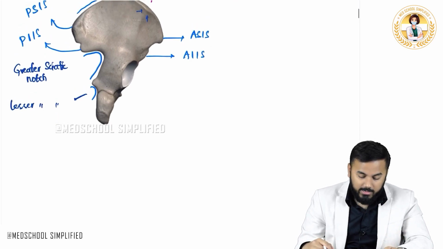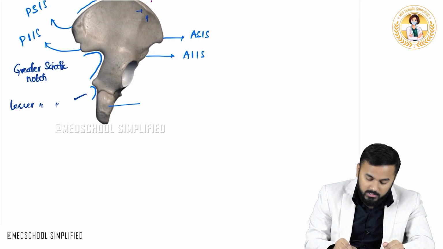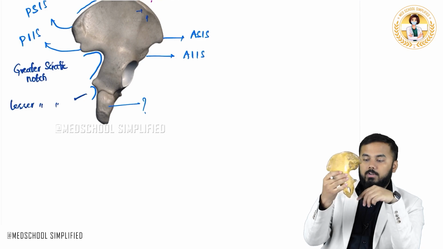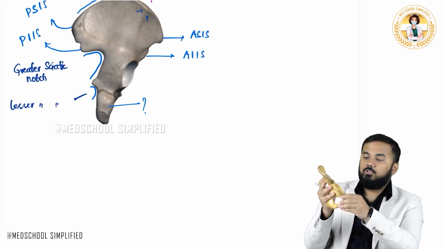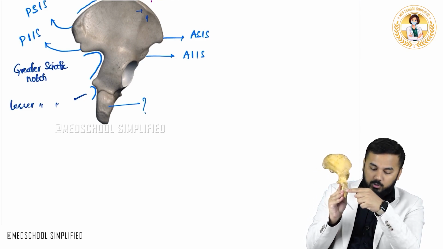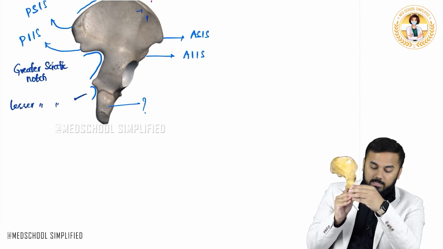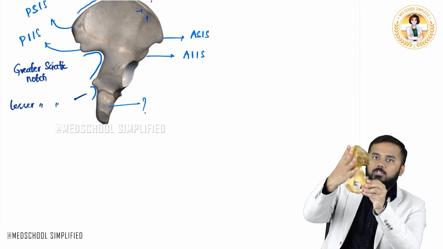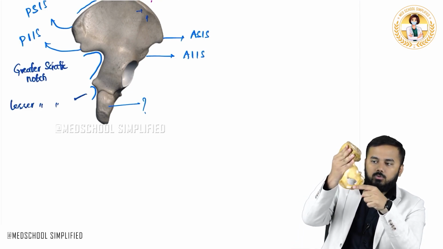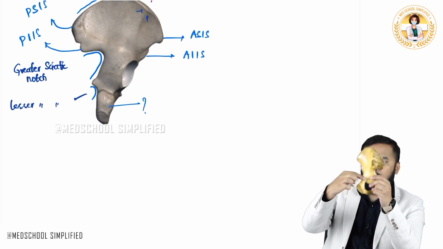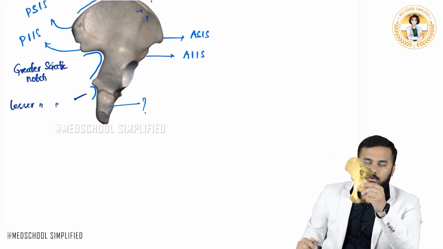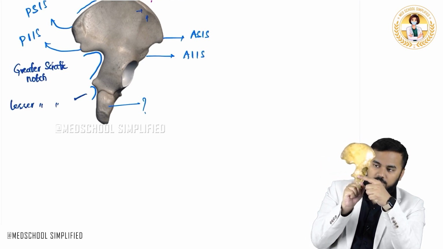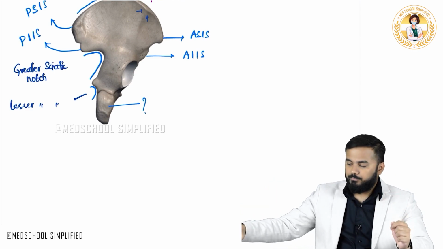Now after that, what is this thing over here? See the same picture again, right? So this is how it is. What is this part which you are projecting over here? This part is called the ischial tuberosity, because this entire bone is your ilium, right? This part is your ischium and this one is your pubic bone, right? So this part, which you can see very clearly, is called the ischial tuberosity.